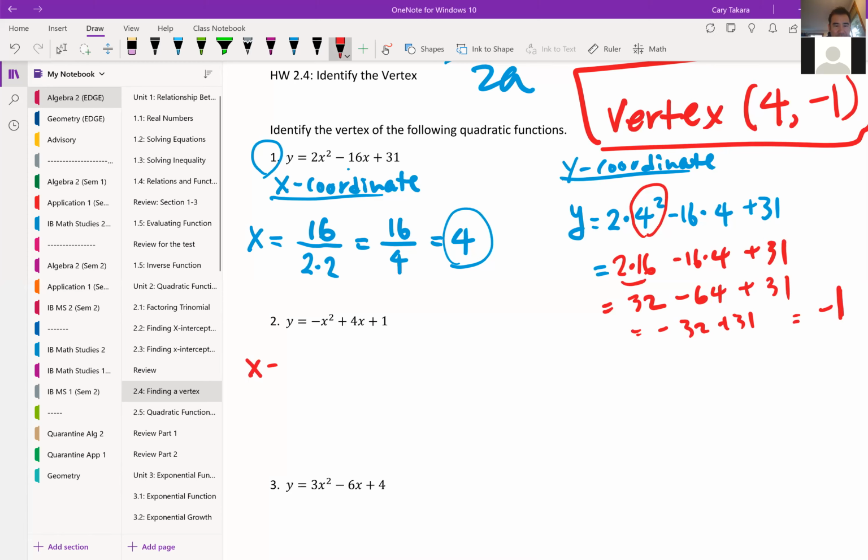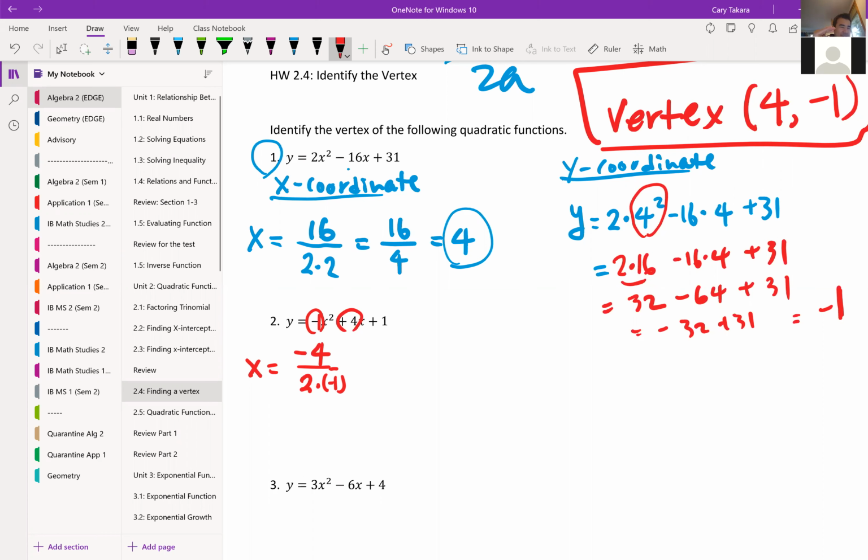So the x coordinate. B is 4, so this one will be the opposite of positive 4. So it will definitely be negative 4 over 2 times, now, what is a though? A is negative 1. So it's 2 times negative 1. Did you guys have that?